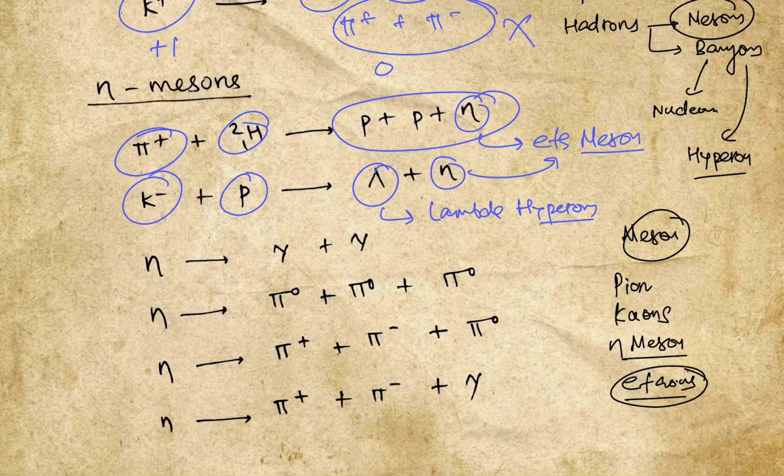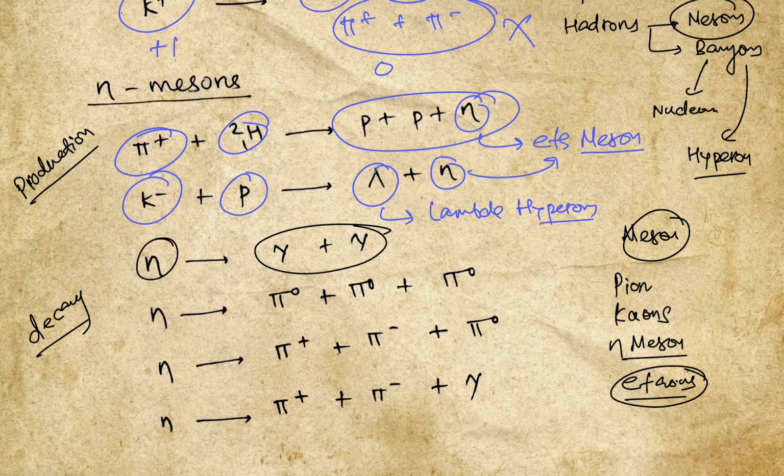So now this is about production. They are being produced here. Now let us know about decay as well. So there is one eta meson. It is decaying into two, of equivalent energy, whatever the energy is. Right now I haven't told you the masses of each thing, because masses right now would complicate things.